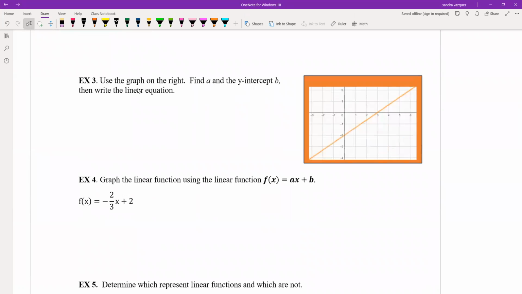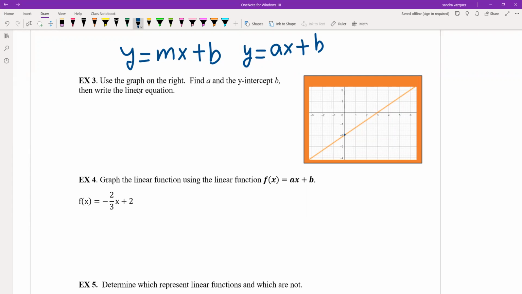Use the graph on the right to find the slope a and the y-intercept b, then write the linear equation. The linear equation is y equals mx plus b, or y is equal to ax plus b. In this particular case, I can see which one is my y-intercept.